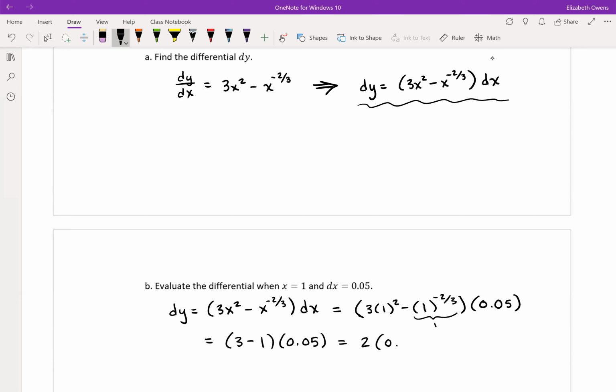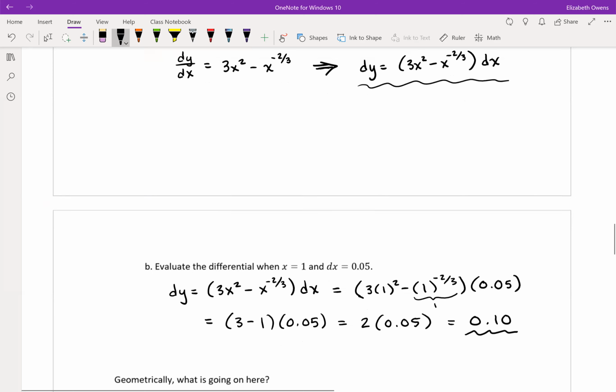And so that would just be twice 0.05, which would be 0.10, 0.10 for the value of dy. Okay, so that is finding the value of that differential.